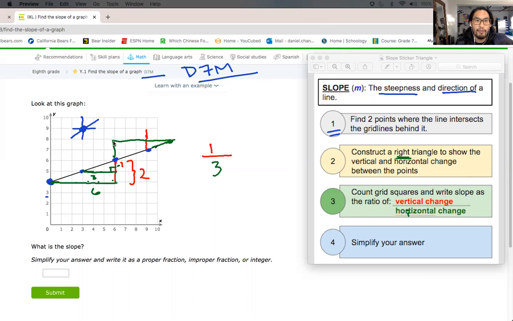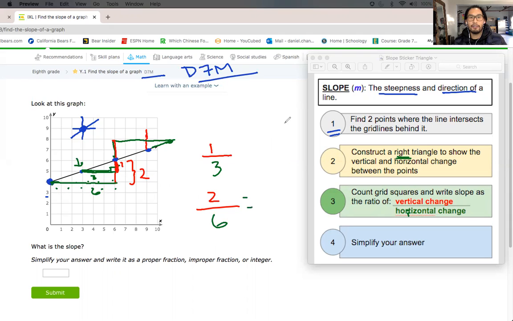It is the ratio of the vertical change to the horizontal change. So if I go down 1 and then to the left 3 boxes, I get to the next point. So my slope is 1/3. If I look at this big triangle, I have a slope of 2/6. That's vertical, 1, 2 boxes, and horizontal is 1, 2, 3, 4, 5, 6 across.